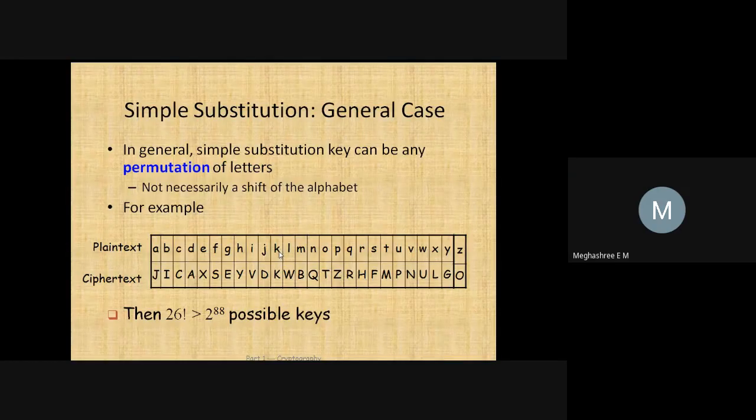Either it should be K or O, something like that, but not I, isn't it? So in this case, it is difficult to follow this method. Hope you are getting my point now. If this is the case, then this exhaustive key search will not work out.